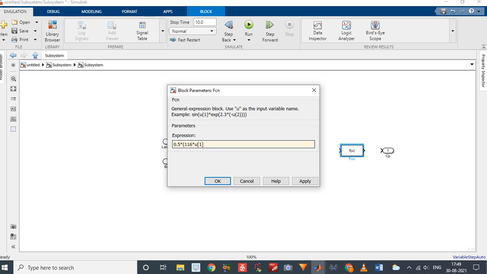And then minus C3. C3 will be 0.4 into U, second input, U of 2, that means that is beta. Beta we have already taken as 0, that's why this term will not be there.